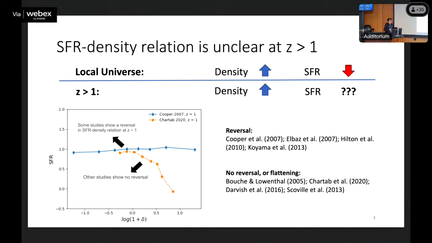But other research papers still argue that there's no reversal or there's a flattening of the SFR density relation. So we have some kind of conflict here, and the goal of my research is to study why this happens and how we can improve the SFR density relation.